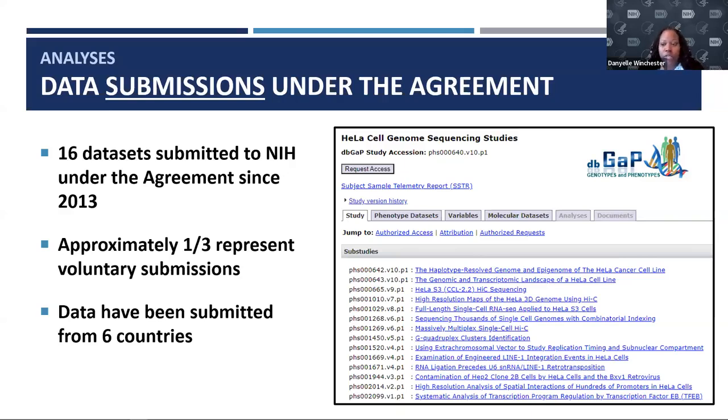As Cheryl had walked us through the submission and access process and the expectations under the agreement, we want to highlight these were voluntary because these were not NIH supported investigators, and they just decided to share their data back to NIH. And from this data set, we also noticed that the data is coming from 6 countries. Next slide.